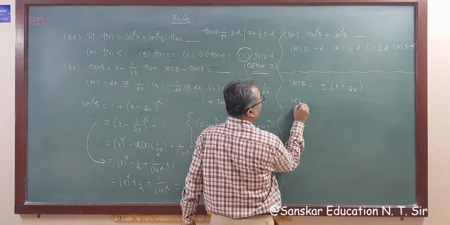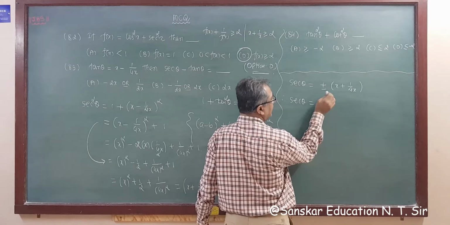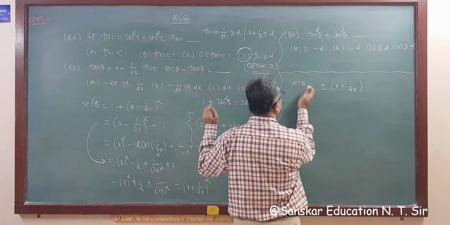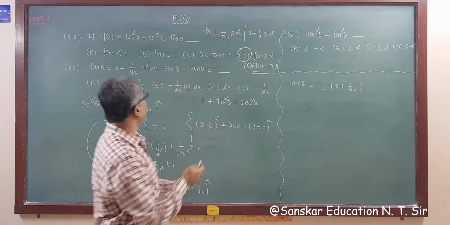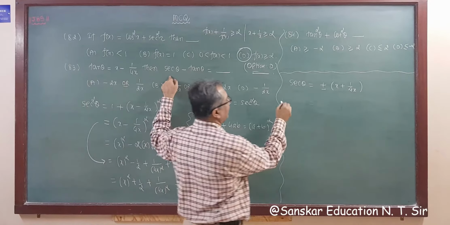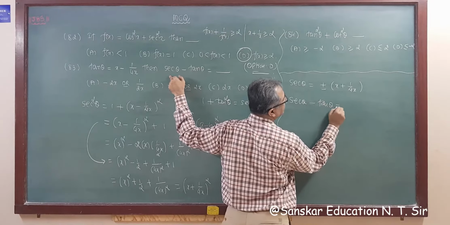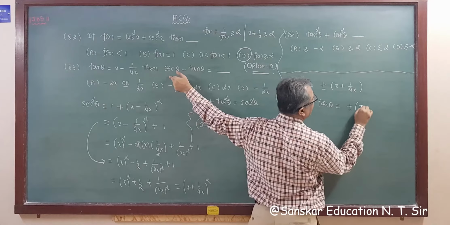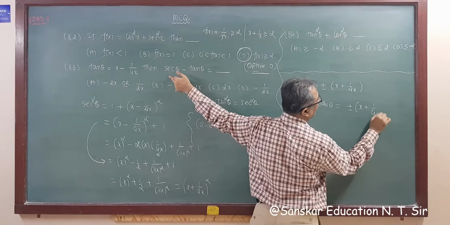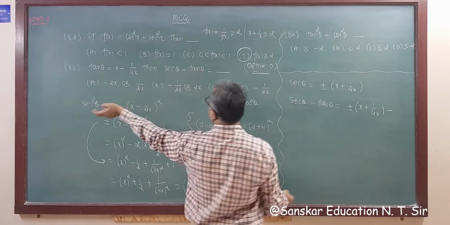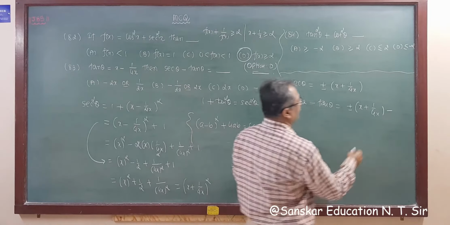I am leaving this because we now have to find sec theta minus tan theta. So sec theta minus tan theta is equal to plus or minus x plus 1 upon 4x, minus tan theta, which is given as x minus 1 upon 4x.